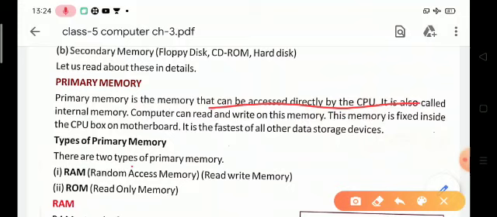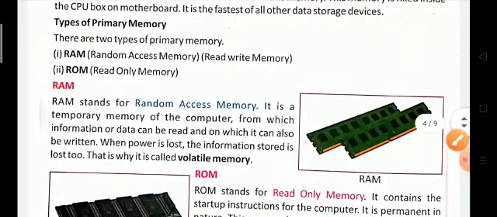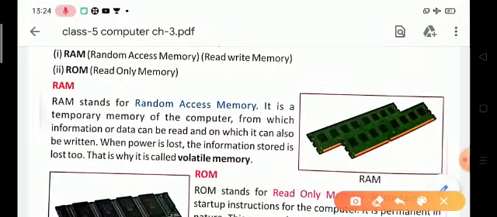There are two types of primary memory: RAM and ROM, random access memory and read-only memory. Random access memory, RAM, is a temporary memory of the computer. It is also known as volatile memory.